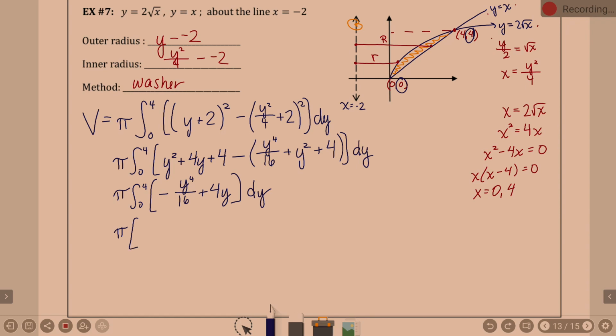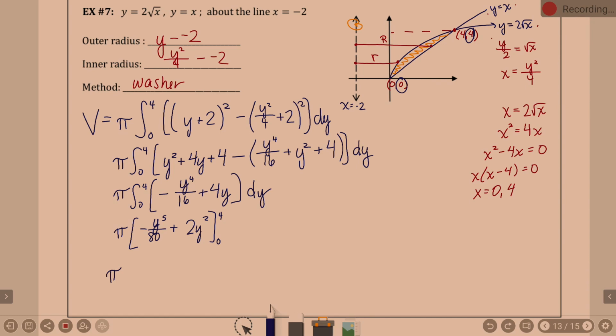Add 1 to the power. Divide by that new power. So 1 over 16 times 5, which is 80. That's a good math fact to know. It comes up more than you'd expect. So I have negative y to the 5th over 80 plus 2y squared.